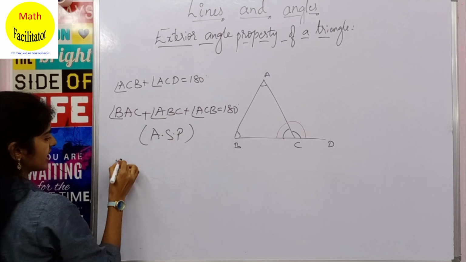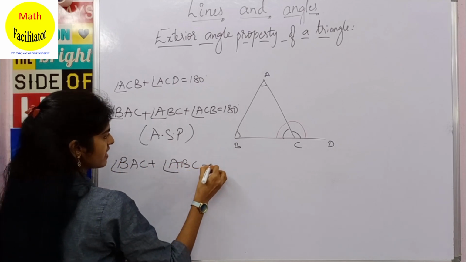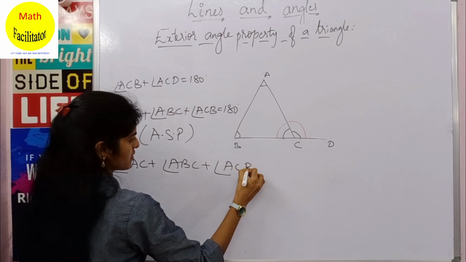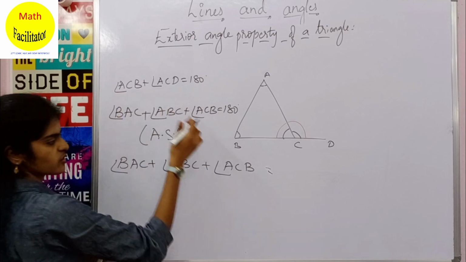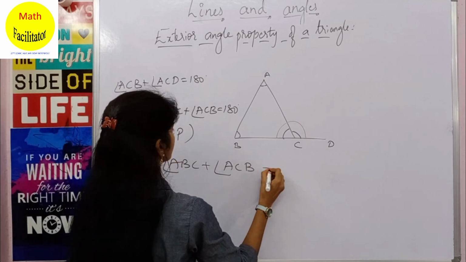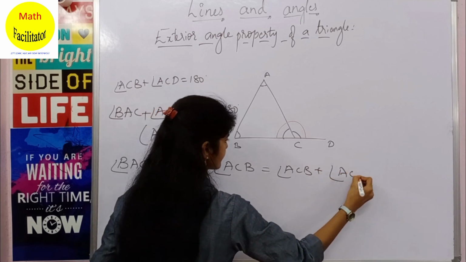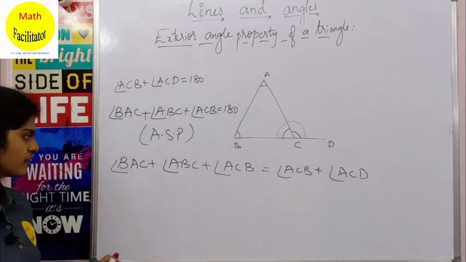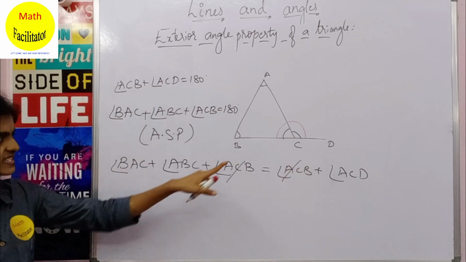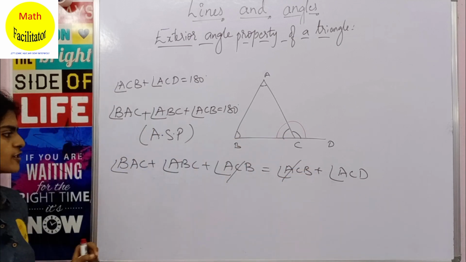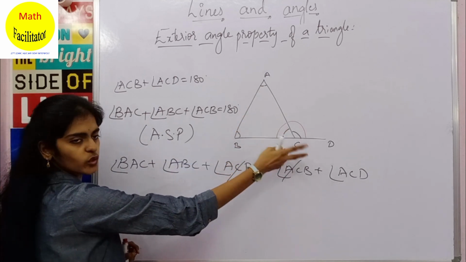So equating LHS, angle BAC plus angle ABC plus angle ACB is equal to angle ACB plus angle ACD. Okay, now by just looking at this you can see angle ACB is common for both the things.